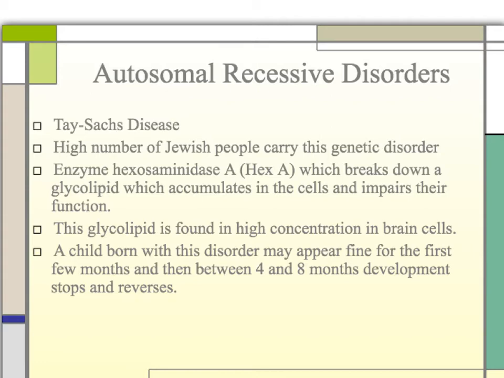Then, as this glycolipid accumulates more and more in the brain, it starts to impair proper nervous function, and development will stop and then reverse itself, until eventually the child is in a vegetative state and will not be able to breathe or eat, and will die. This is a disorder that does lead to death.